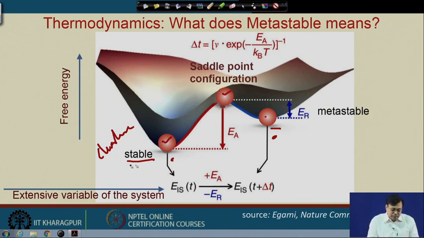So, from a stable material we can also develop some metastable material if we provide some activation energy, and definitely the activation energy appears like an Arrhenius type of equation. Even though there is a net increase, we can consider such a situation where there will be a little decrease of the energy from a saddle point configuration.